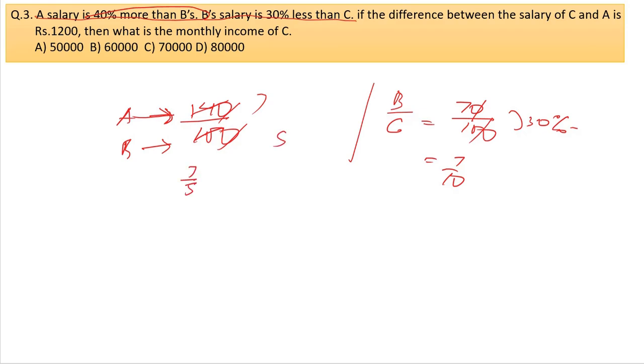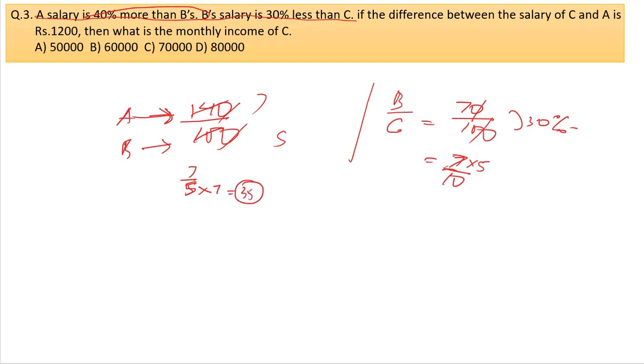7 by 5. But we have to know that the salary of B is the same. So here our salary of B is 5, and here it is 7. We need to make this equal. How are we going to make this equal? We multiply by 5 here, and we multiply by 7 there. That is 35.